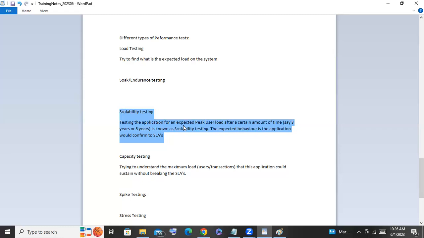Now, if you find any issues in the soak testing or endurance testing, that means your application is not able to sustain the load for a longer duration of time. Most probably, if soak testing fails, it means you have a memory leak.